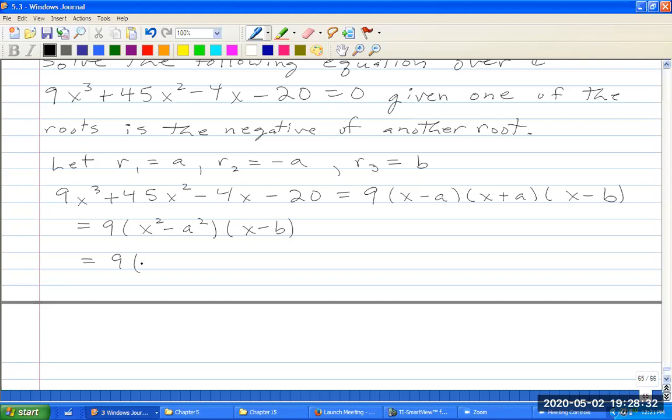Let's multiply this out. So this is x cubed minus bx squared minus a squared x plus a squared b.